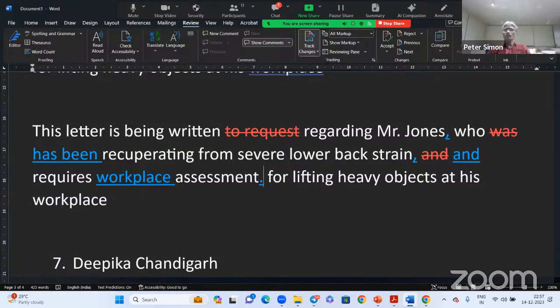He needs assessment so that he can go for job. Okay, that's better. This letter is being written regarding Mr. Jones, who has been recuperating from severe lower back strain and requires workplace assessment. That's it. Finished. Next step.